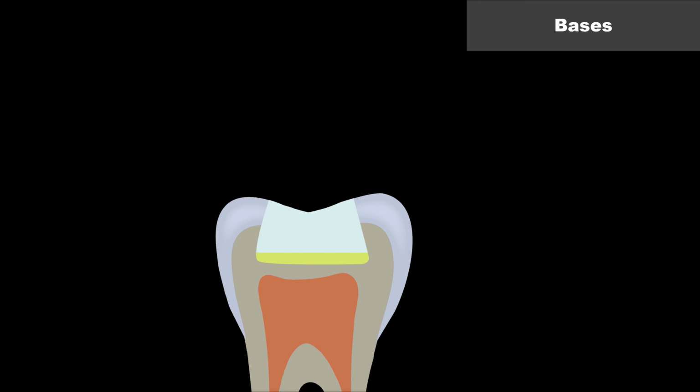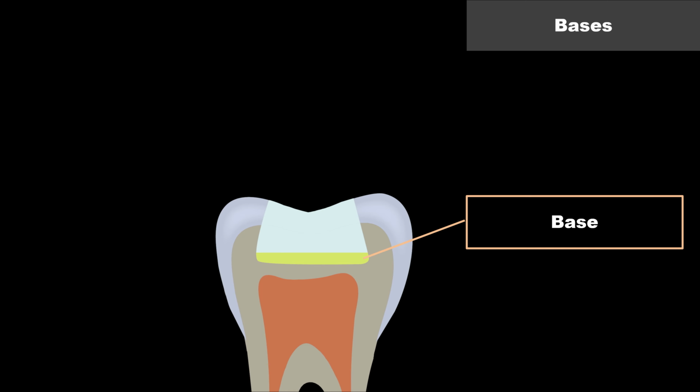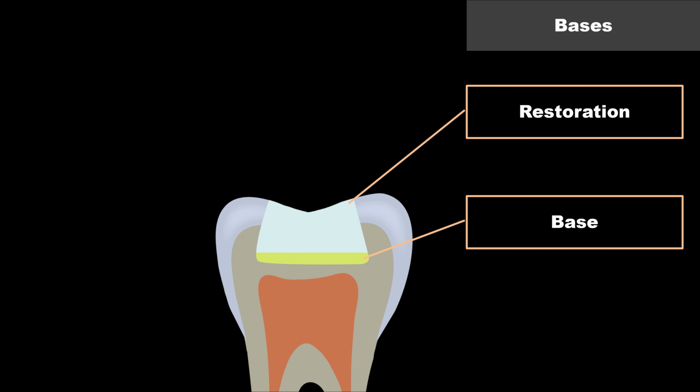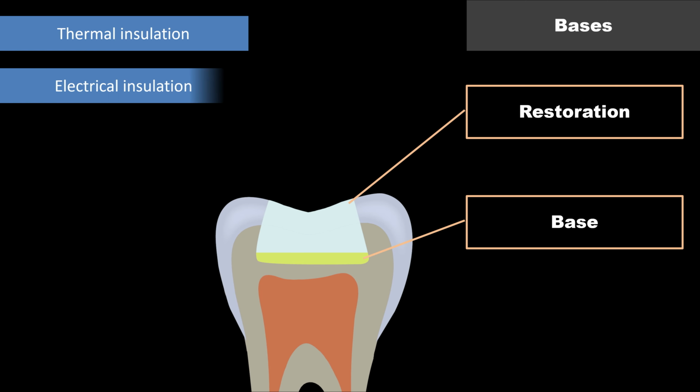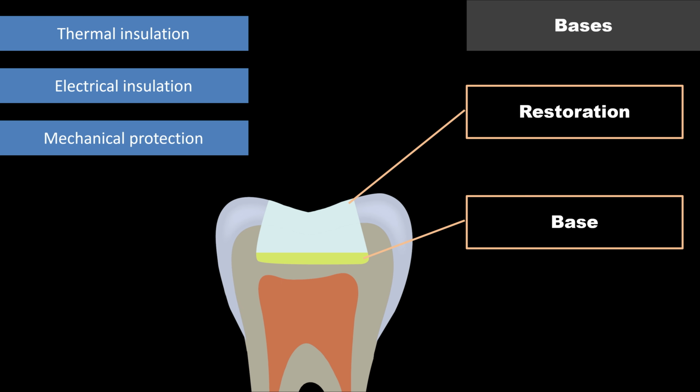Base, which is a thick layer applied in the floor of the tooth preparation, maybe around 0.5 to 0.75 millimeters. On top of this base, we can do the restoration. It provides thermal insulation, electrical insulation and mechanical protection.